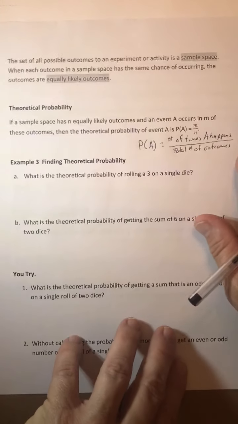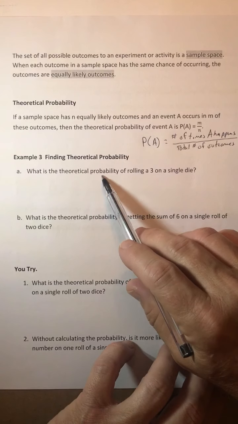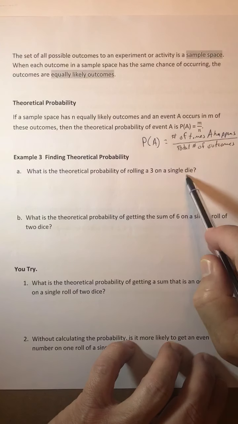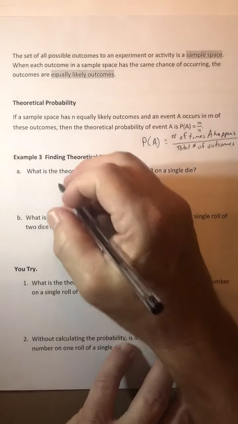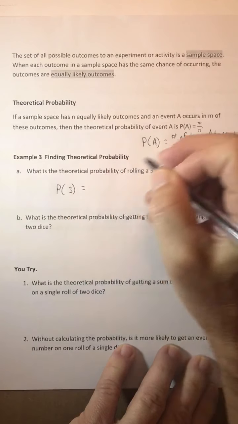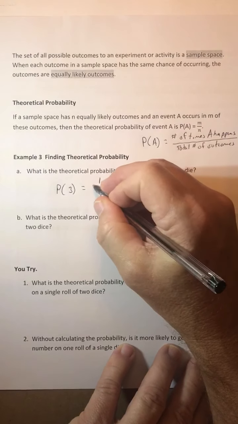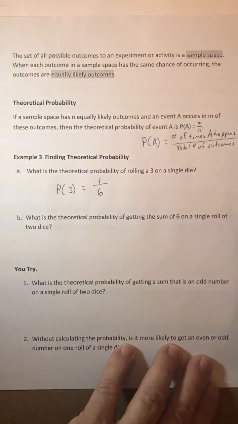All right. So, example 3. What's the theoretical probability of rolling a 3 on a single die? So we're taking one die and rolling a 3. So the probability that you will roll a 3 is, well, there's one 3 over 6 possible choices.